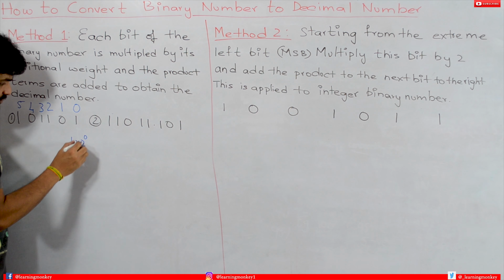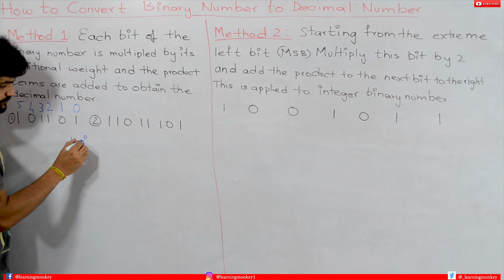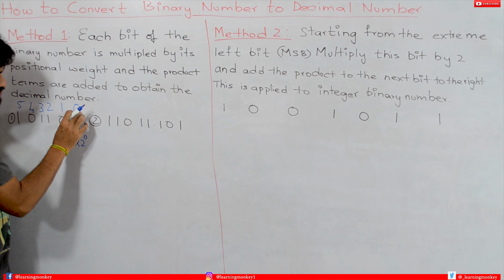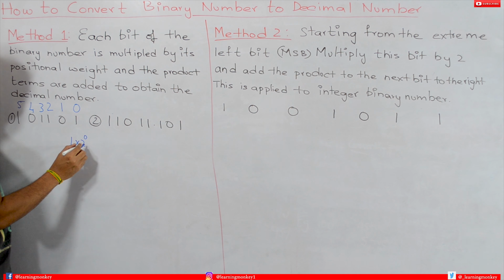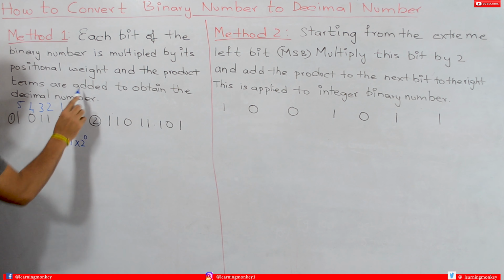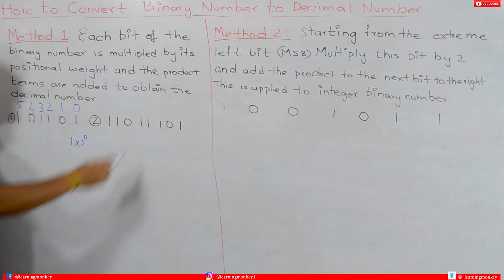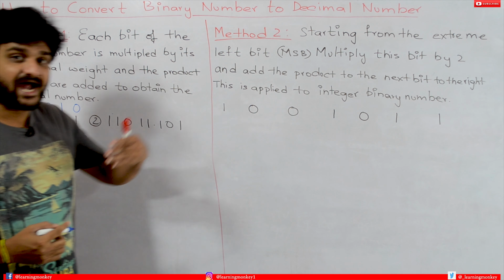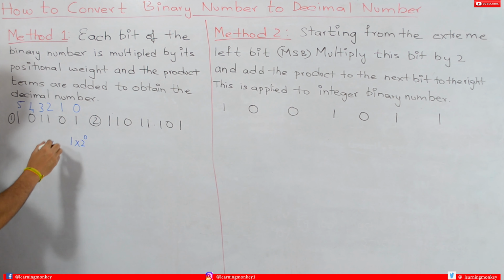Every bit is multiplied by its positional weight, and all the product terms we obtain get added. If you add all the product terms, we get the decimal number.